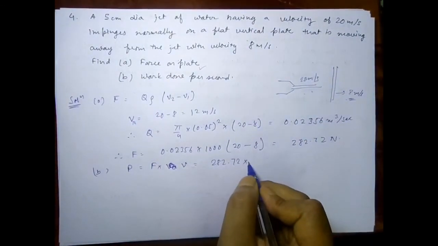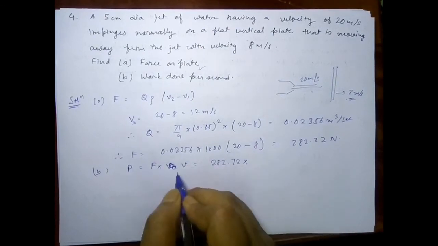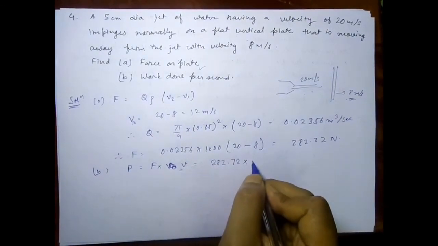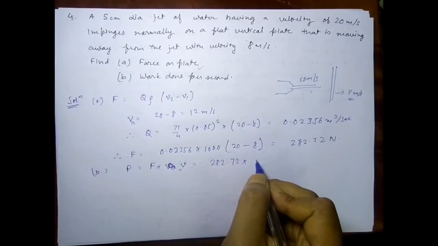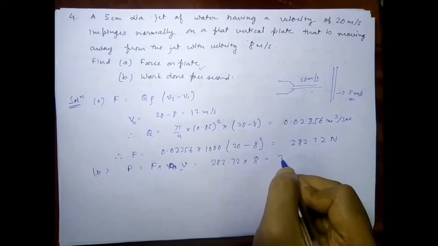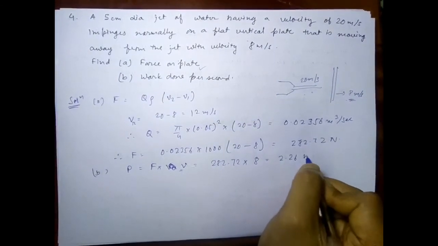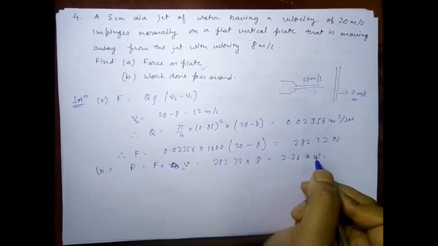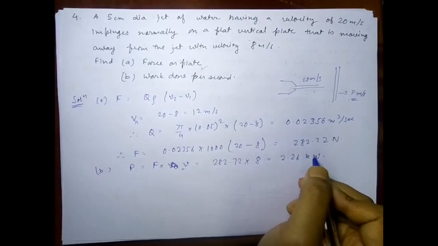So the work done per second, that is the force times velocity, or the power, is equal to 282.72 times 8, and that is equal to 2.26 kilowatt. So that was all about fluid dynamics.